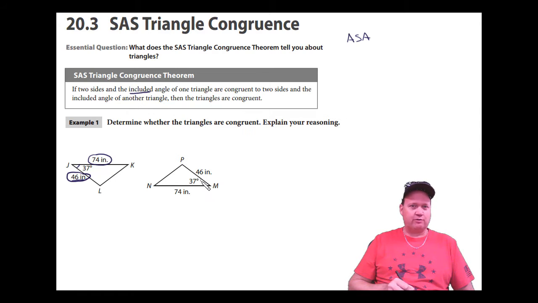And 37 is right in between those two. And here 37 is right in between those two. So 37 degrees in both cases is an included angle. It's surrounded by two sides we know. So these triangles are congruent. Triangles are congruent by side, angle, side.